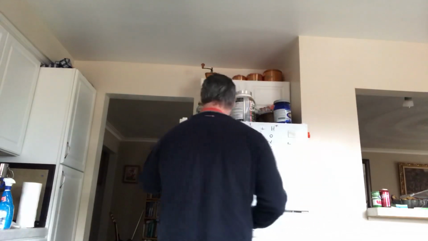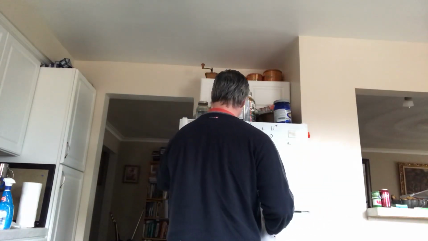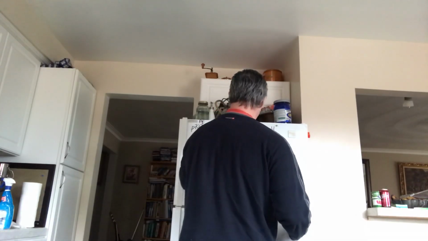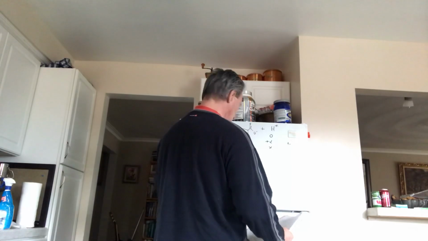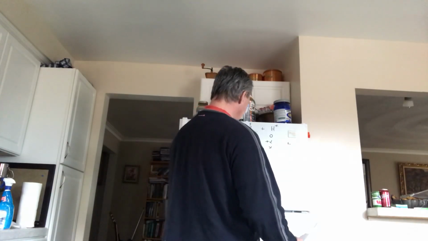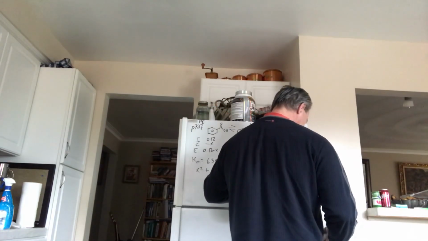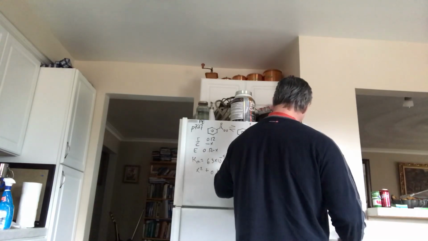So the Ka, which we looked up at the back of the book, is 6.3 times 10 to the negative 5. We set up an equilibrium, x squared over 0.12 minus x. The trinomial that results is x squared plus 0.000063x minus 7.56 times 10 to the minus 6, all equal to 0.